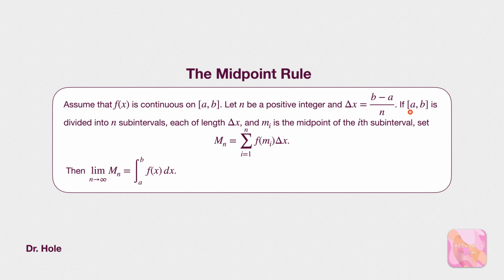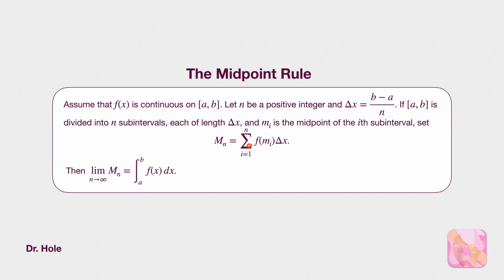If the closed interval a to b is divided into n subintervals, each of length delta x, and m sub i is the midpoint of the ith subinterval, our notation will be capital M sub n for the midpoint rule, set equal to the sum from i equals 1 to n of the area of each rectangle. Heights given by the function evaluated at the midpoint multiplied by the length of the subinterval.